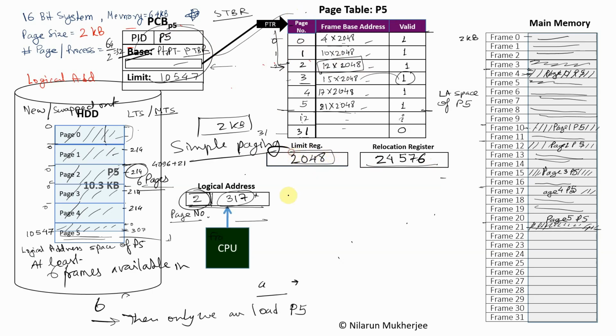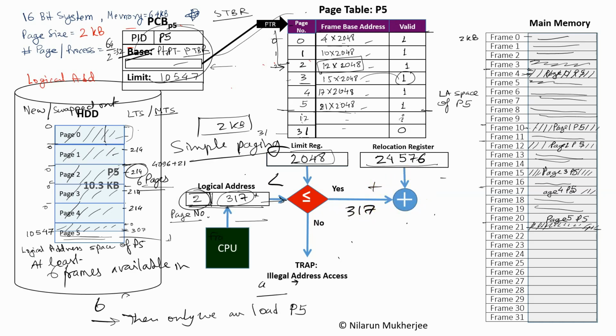Limit is always the same. So first it needs to check whether this 317 is less than 2048 or not. If not, it will generate an illegal address trap. Otherwise, if it is less, then 317 will be added with 24576 to generate the physical address.